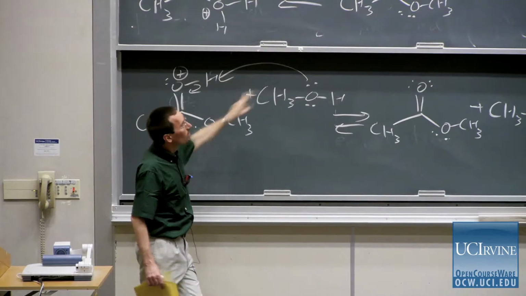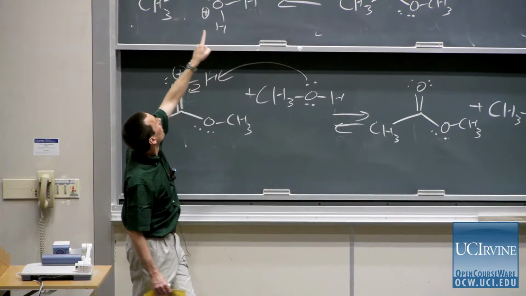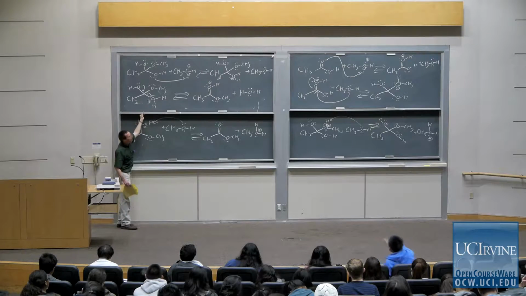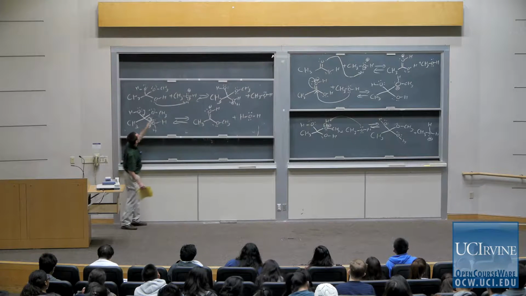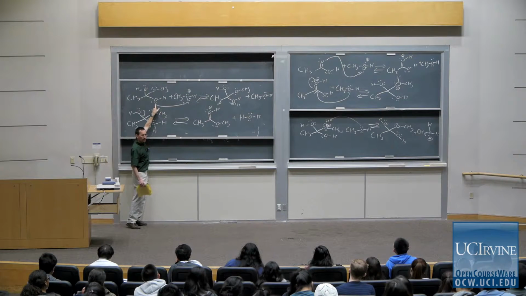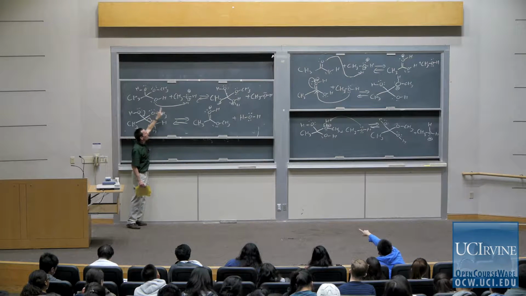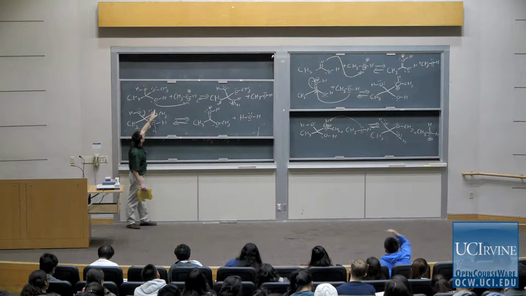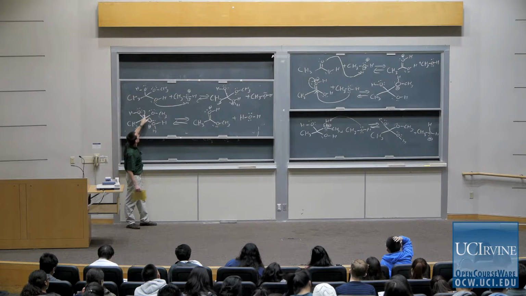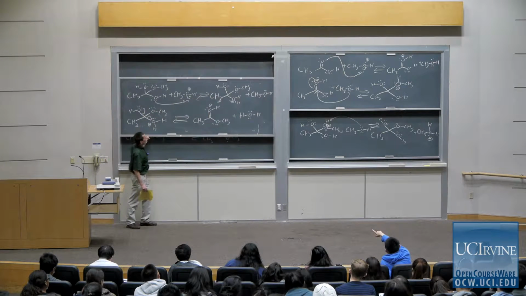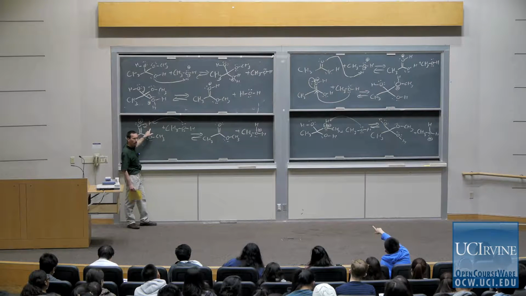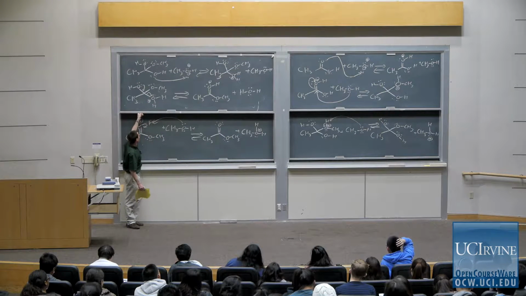Here. No, sorry. Yeah, on top. So your question is, why does it protonate this oxygen? Why is this oxygen protonated? No. Why is the CO double bond oxygen protonated? Sorry, it's on the bottom right. Here? Yeah. Why is this protonated?